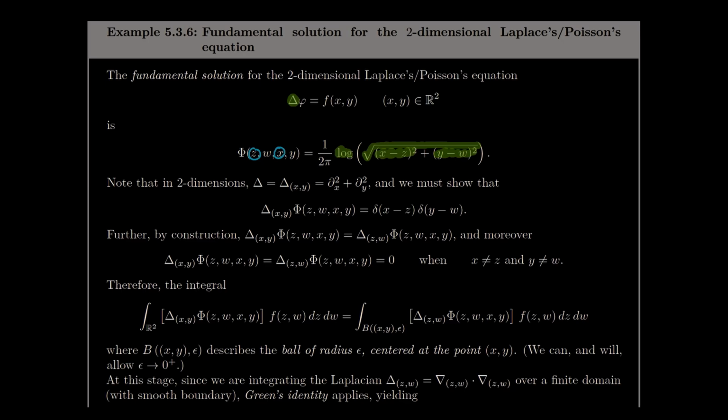If x and z are conjugate variables, and w and y are conjugate variables, then this is 1 over 2 pi log of the magnitude of x minus z as vectors, if x is the vector xy and z is the vector zw. So we're looking at the magnitude of the difference of the two of them and then the logarithm of that. That's going to be our fundamental solution in 2 dimensions for the Laplace operator.